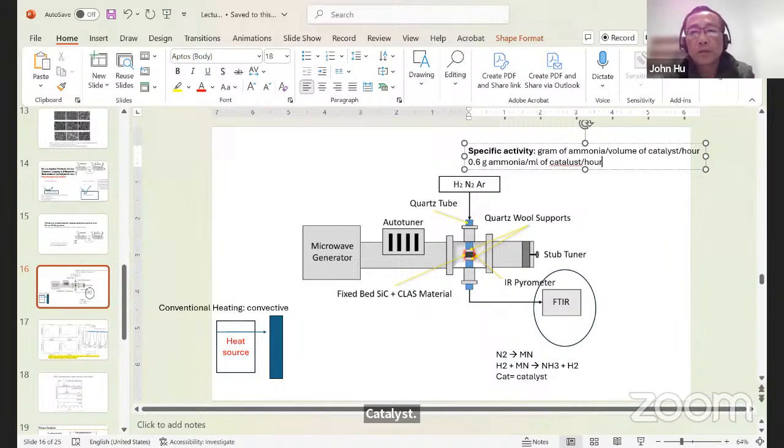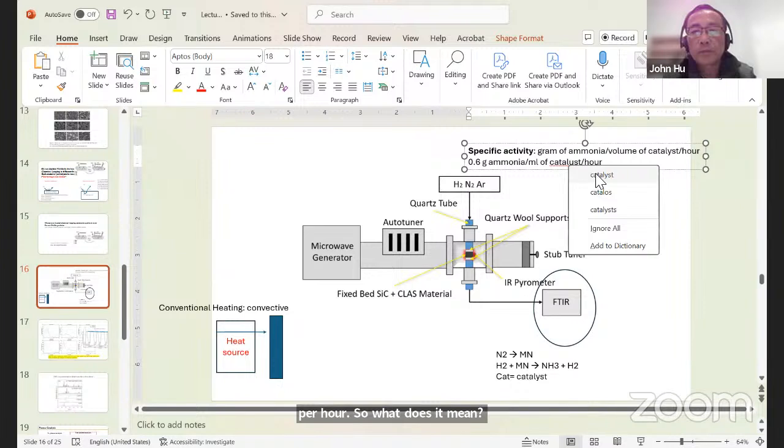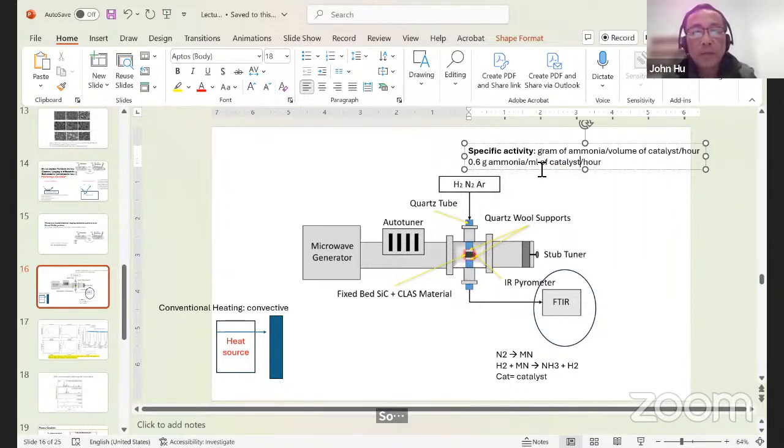So what does it mean? In one hour, one volume of catalyst can produce 0.6 gram of ammonia. Make sense? Okay, so that's called specific activity. Based on this laboratory setup, you can get this number.